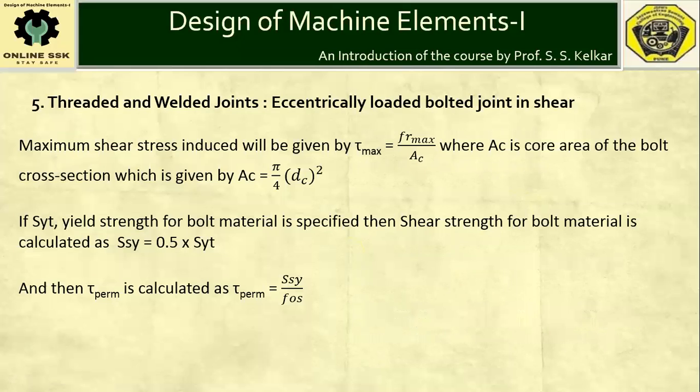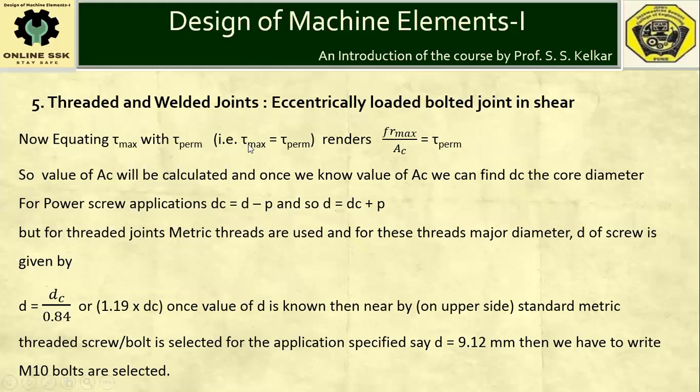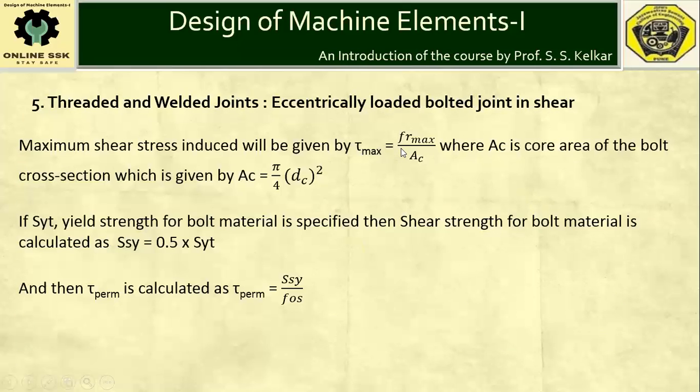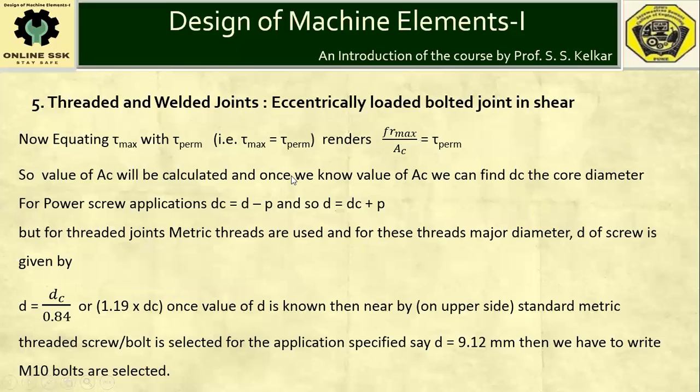Fr max divided by the core cross-section area of the bolt will give you the induced maximum shear stress. This will be equated with the permissible shear stress. While equating, Fr max upon Ac is equated with tau permissible. Ac is the only unknown, so you will be in a position to calculate Ac. Ac is the core cross-section area, given by pi by 4 Dc square, so you can calculate Dc, the core diameter.